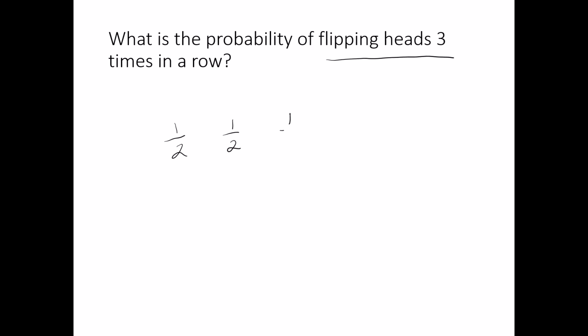And the third time we flip our coin, we have a 1 out of 2 chance of getting heads. So we're going to multiply these together. 1 out of 2 times 1 out of 2 would be 1 out of 4 times another 1 out of 2. We'd have a 1 out of 8 chance of flipping 3 heads in a row.